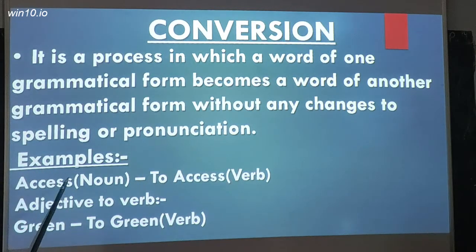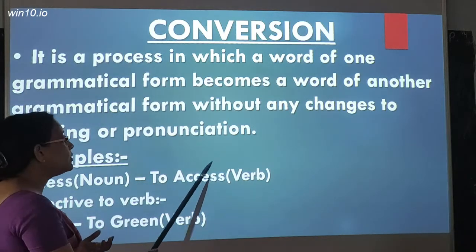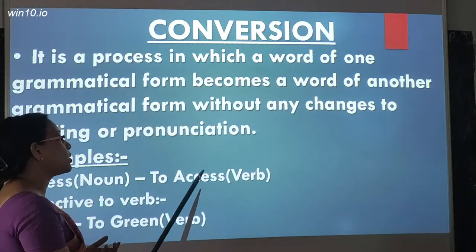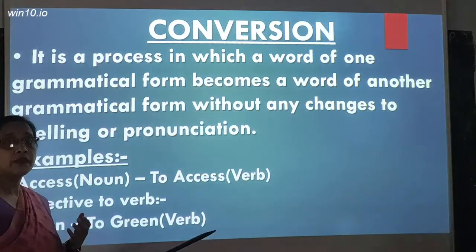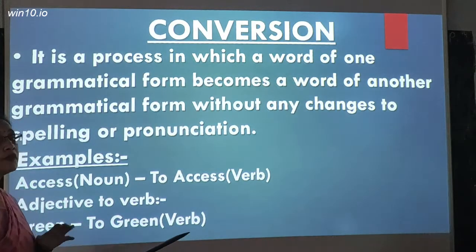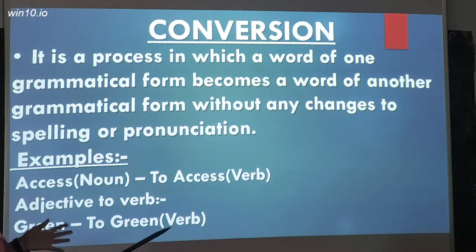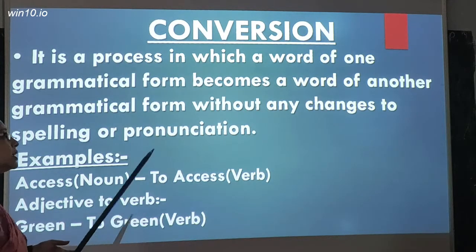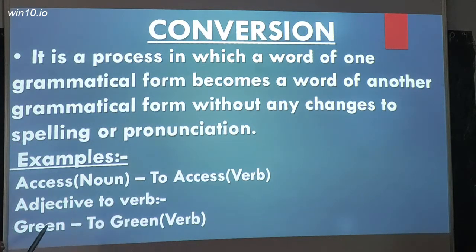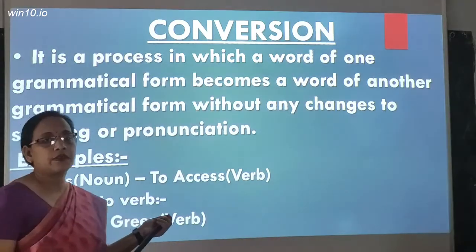Here exist is used as a verb, and when we put "an," it becomes a noun. We can use it as a verb or as a noun without changing its original form. This is called conversion. The next word is "green": to green is a verb, green is an adjective. So this is called conversion.